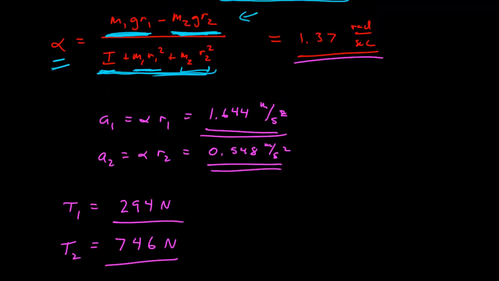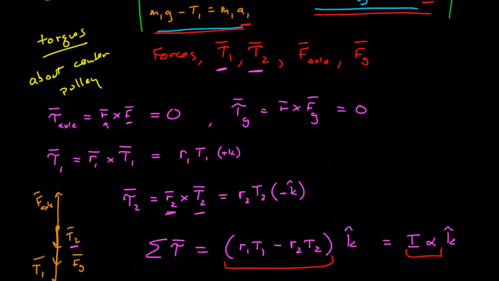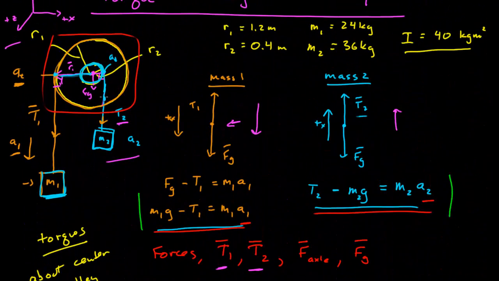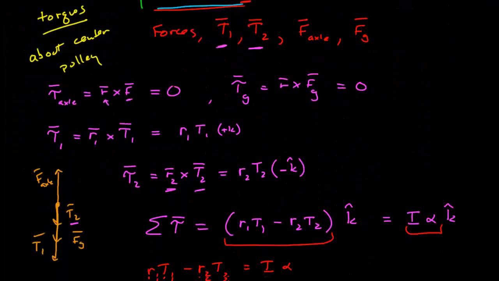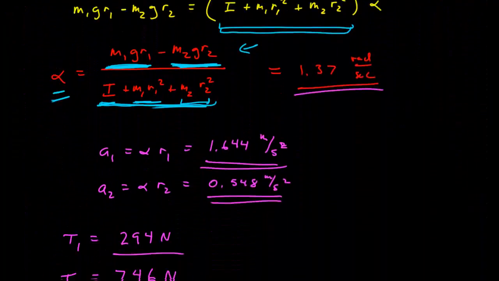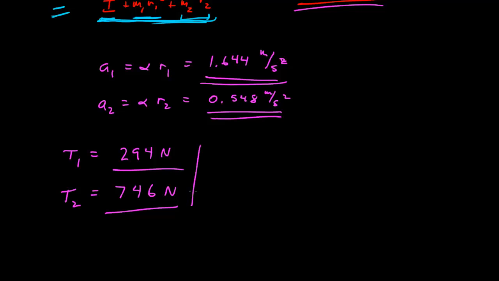So tension 2 is much larger than the tension 1. But because it's acting on a much smaller radius, 1/3 the radius, it doesn't exert as much of a torque as tension 1 does, and so you still have a net rotation in the counterclockwise direction.